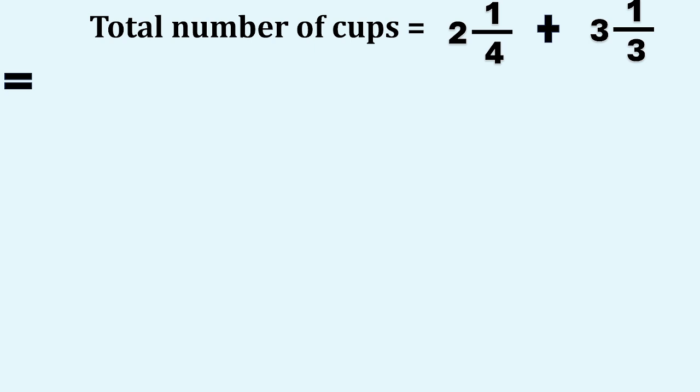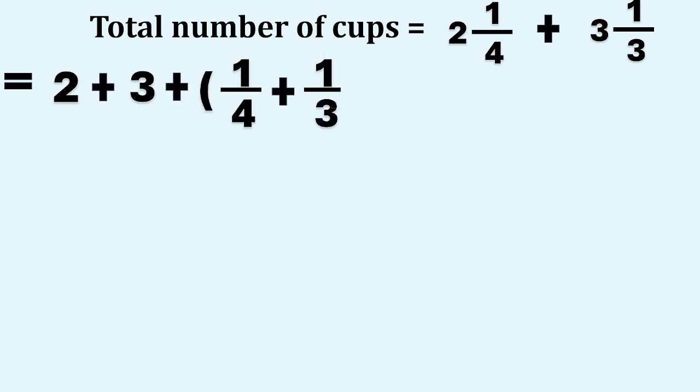First, we are going to add the whole numbers. So 2 plus 3 equals 5. Next, we are going to find the LCD of the two fractions. First, we will take the two different denominators and start making multiples of each of them.